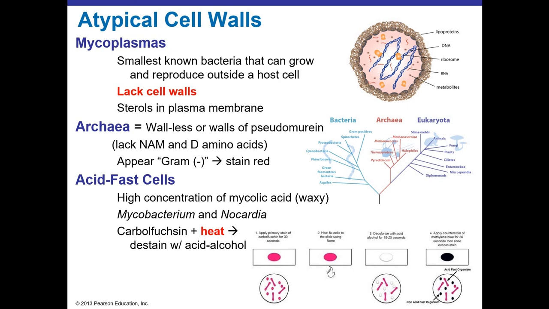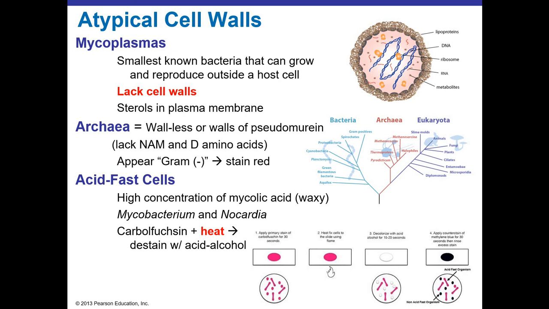So you take this bright pink dye, carbolfuchsin, but you have to heat it to be able to melt the waxy substance to get the carbolfuchsin into the cell. After you do that, you then decolorize with what's referred to as acid alcohol. This acid alcohol is acidic, but it's also kind of cold, and so it causes that wax to solidify again, trapping or holding fast the dye inside.